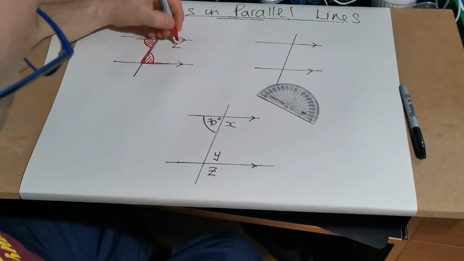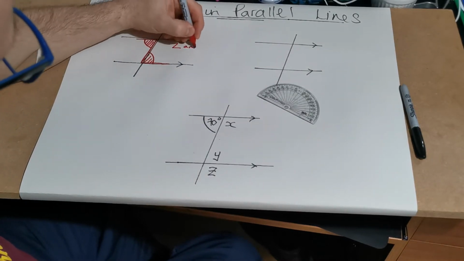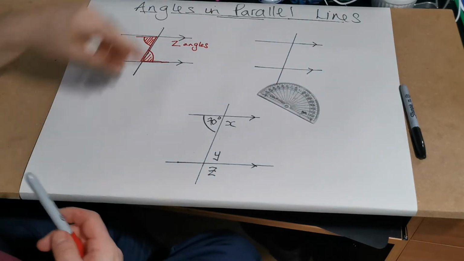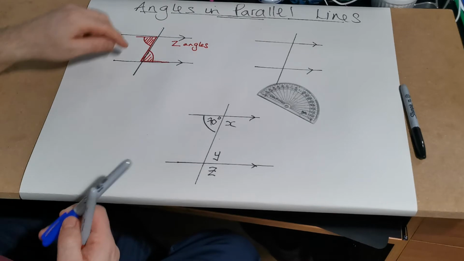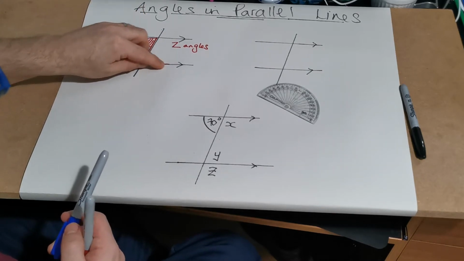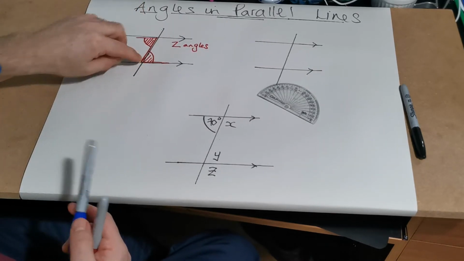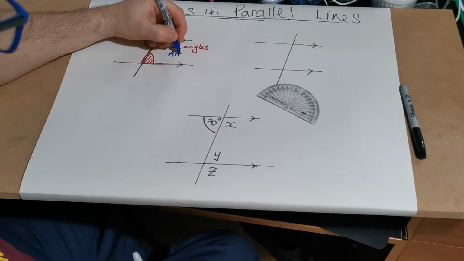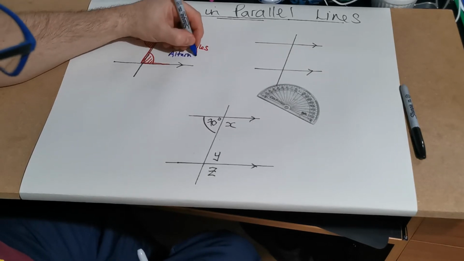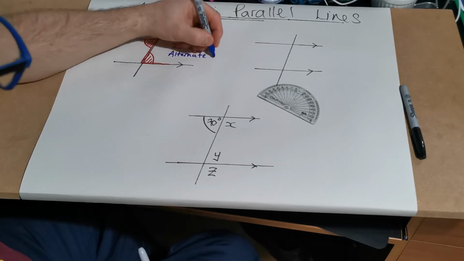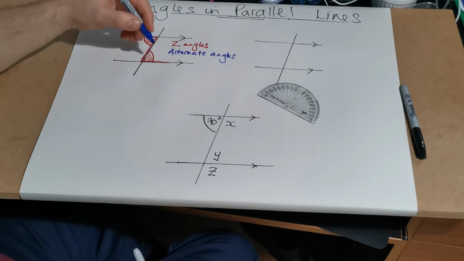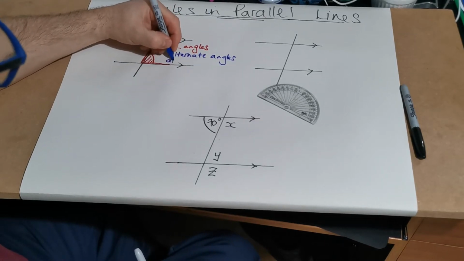Now, often we might call them Z angles, but their proper name, because they're on alternate sides of this line that goes through the middle, is alternate angles. And the thing about alternate angles is they are the same.